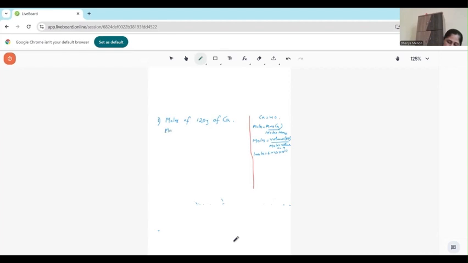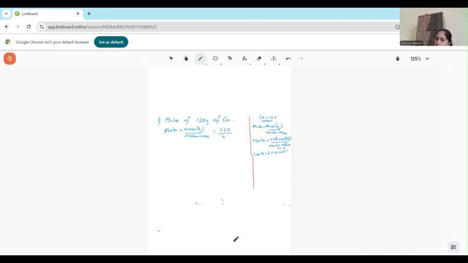Moles equal to mass in grams over molar mass. Molar mass is nothing but the atomic mass or the molecular mass of a compound. If it's an atom, we consider the atomic mass. I have already given it to you. Calcium is 40. Now mass in grams is given to you, 120 over 40.